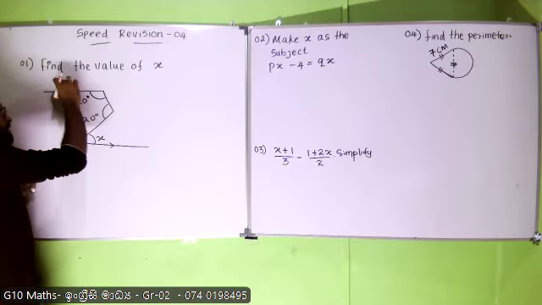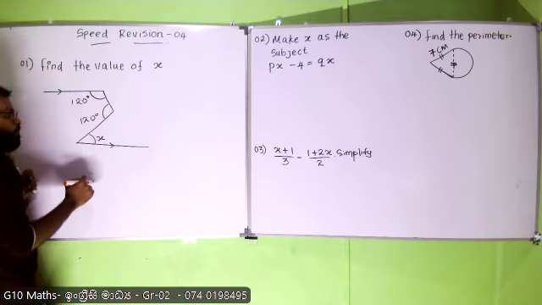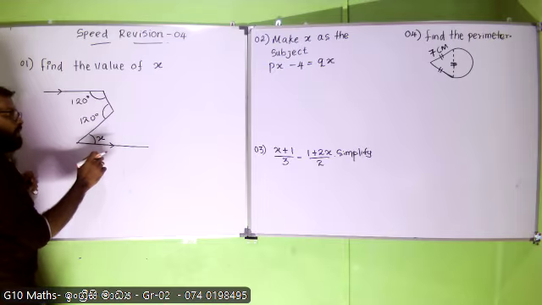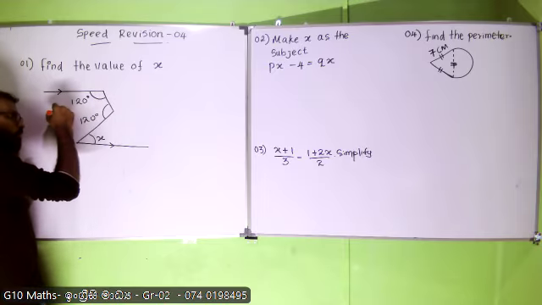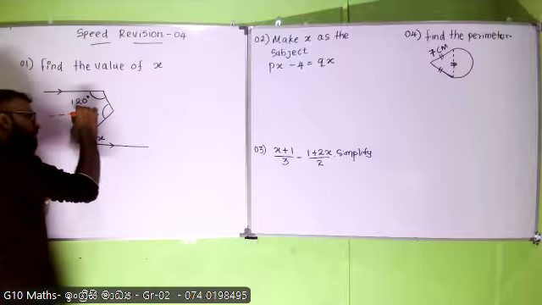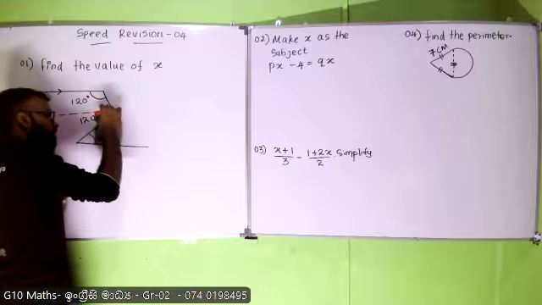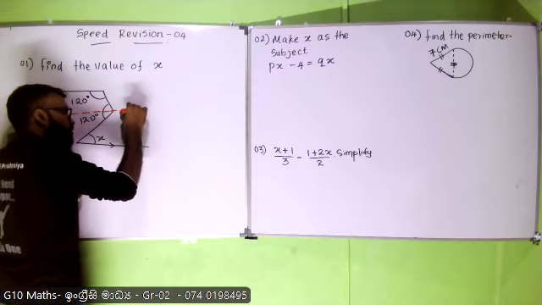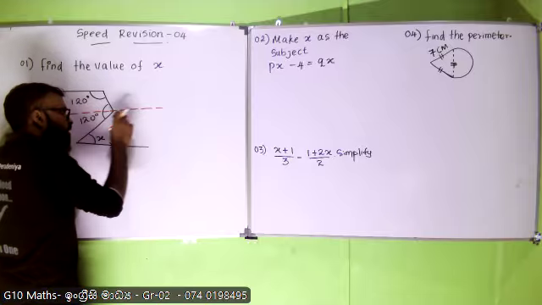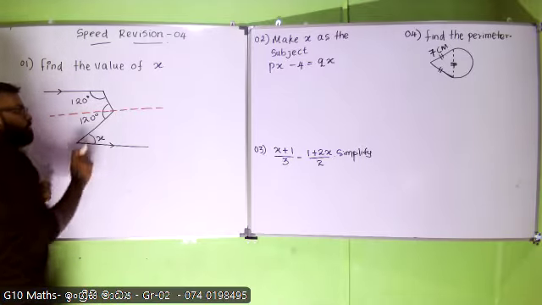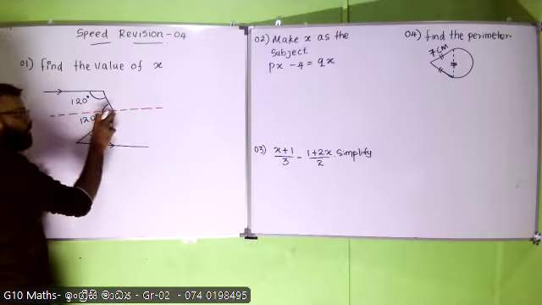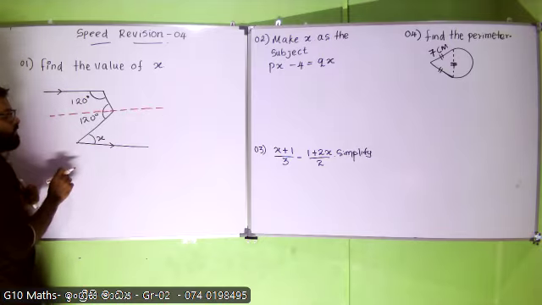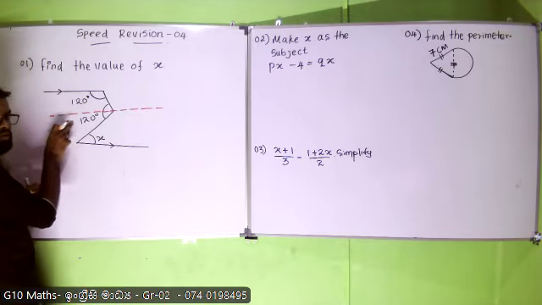This line and this line are both parallel, and now I am going to construct another parallel line which goes through this point, this center, where we have 120.